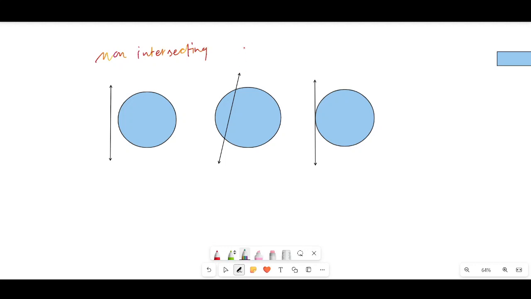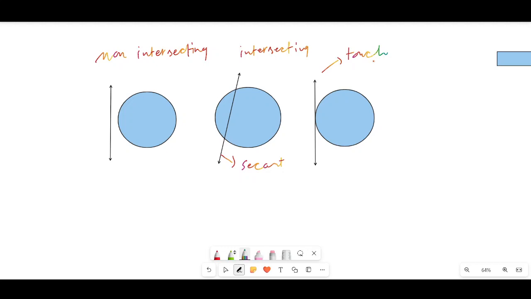This is an intersecting line, and this is a touching line. This line is defined as a non-intersecting line, and the intersecting line is defined as a secant as well. Also we can say this is a secant.